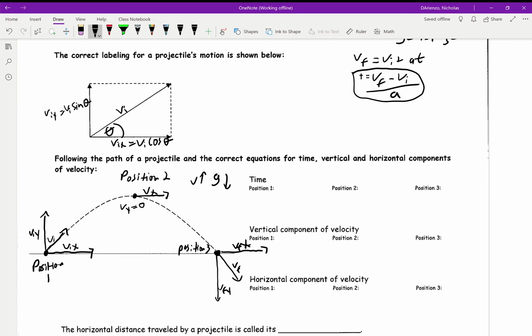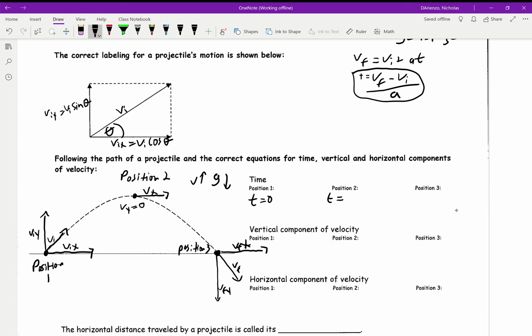Now, to break down time for this golf ball scenario, at position 1, at the beginning of this motion, our time is 0. Now our initial velocity, whatever it is, let's say 10, 20 meters per second, is going to slow at a rate of 9.81 up to the top of the trajectory where the velocity in the y will be 0.